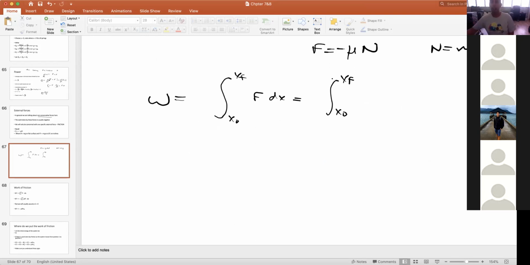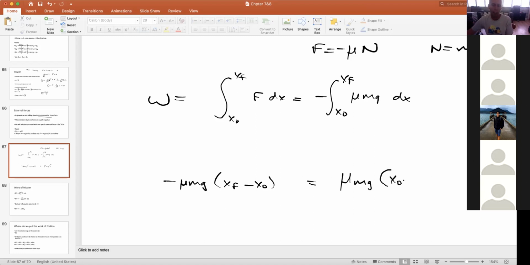In work, it has a negative, just like mg does. So this is negative mu mg dx, which becomes negative mu mg times x final minus x initial, or mu mg times x initial minus x final.